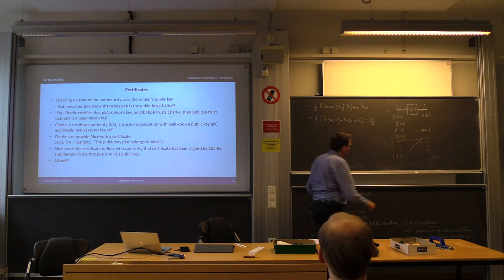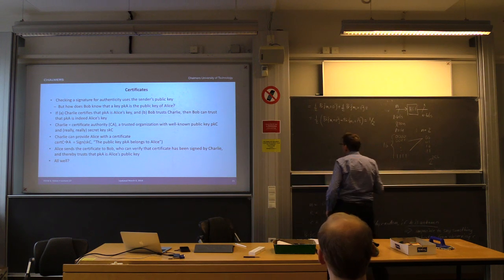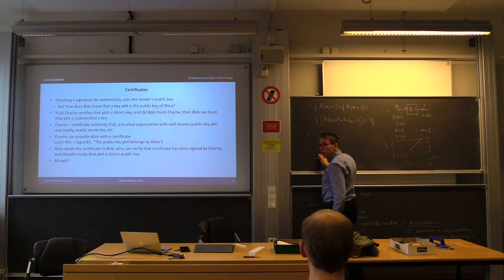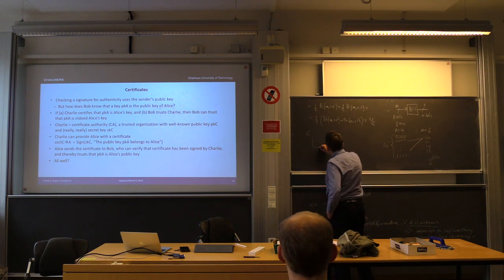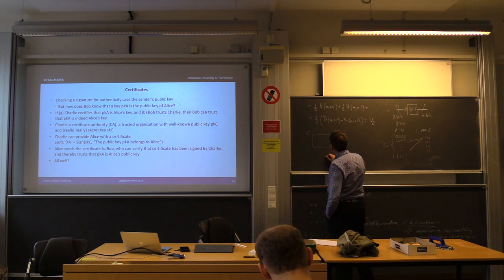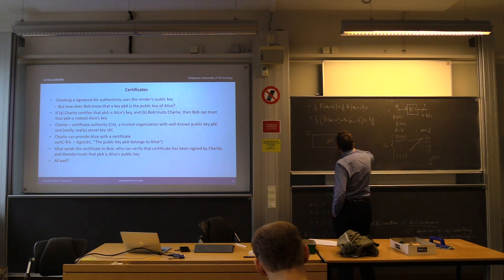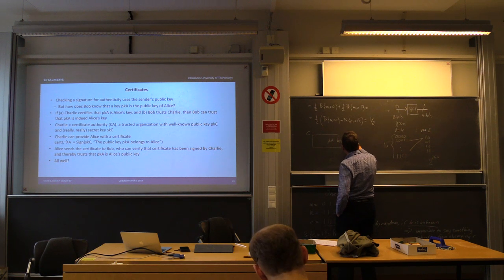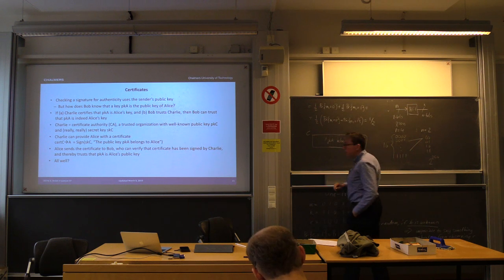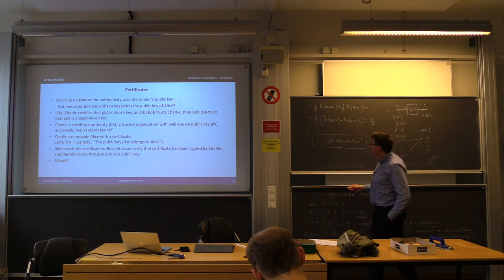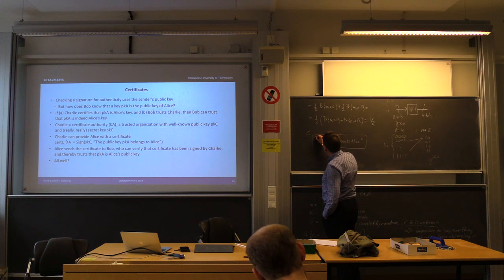So, in a little bit of a picture here, we have Charlie, who we trust, and Charlie issues this certificate which says that PKA belongs to Alice. This is the plain text of the certificate, and then this is signed with Charlie's secret key.